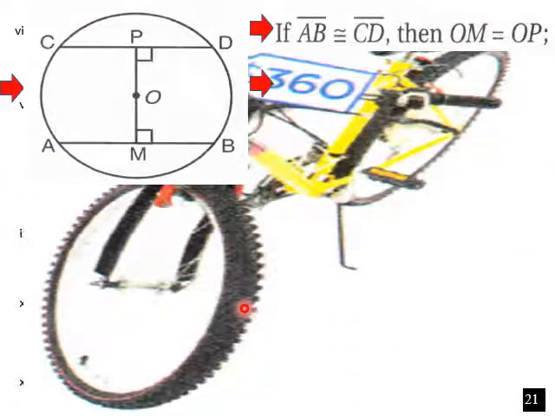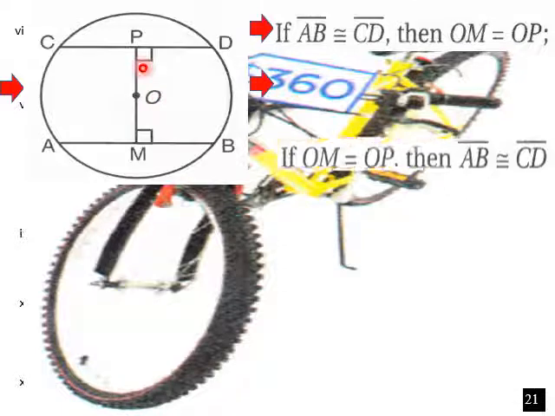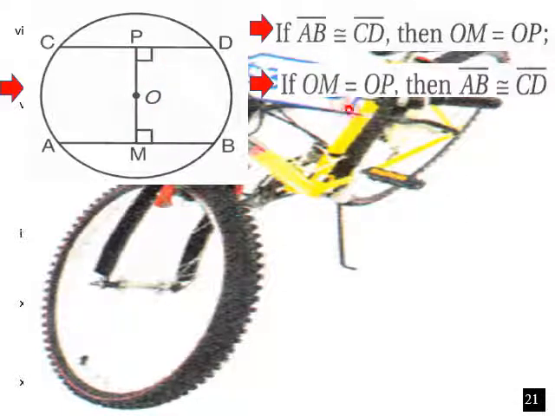So another situation: if segment AB is congruent to segment CD, then OM, which is here, equals OP. If OM equals OP, then segment AB is congruent to segment CD. So we went roundy round here to come back to AB is congruent to CD.